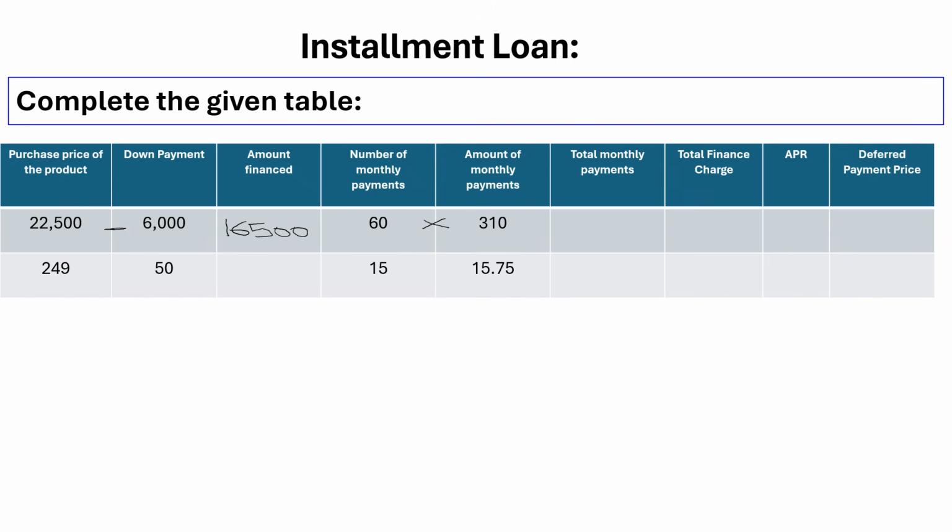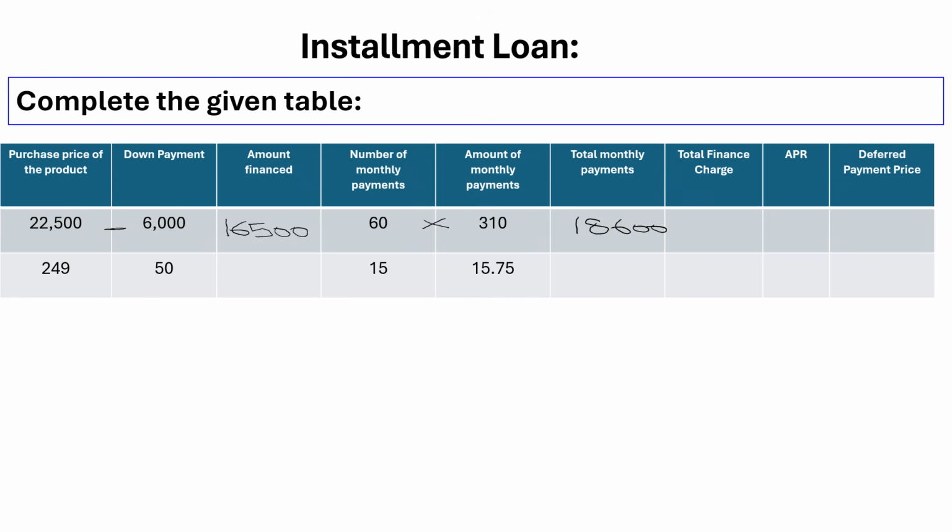What is the total monthly payment? It will come to 18,600. Understood? So 60 multiplied by 310 comes to 18,600.